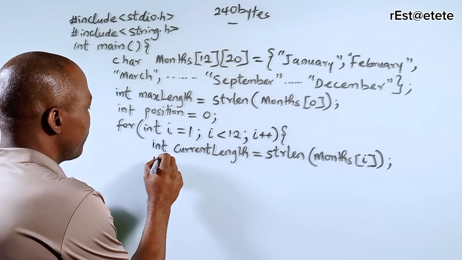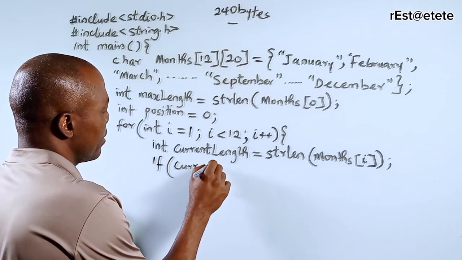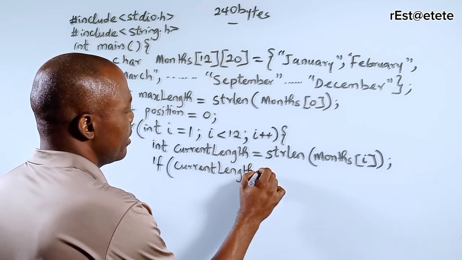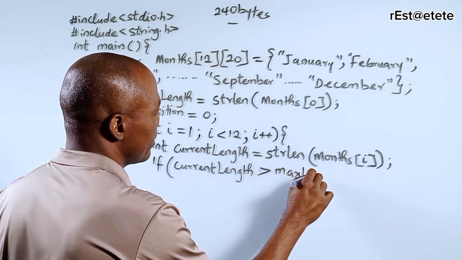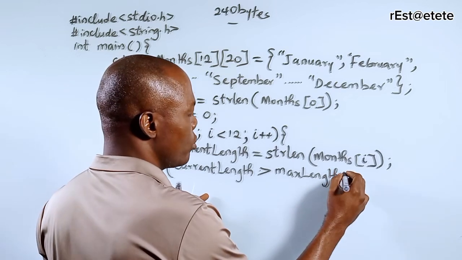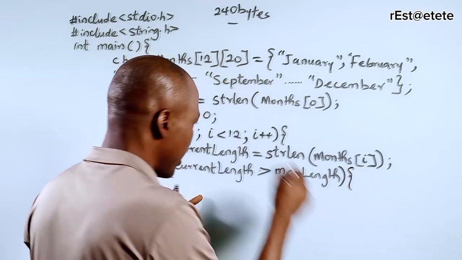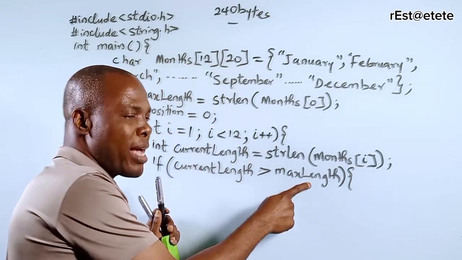So I will say if current length is greater than max length, right? What should you do? If current length is greater than max length, go in and assign whatever current length is to max length.